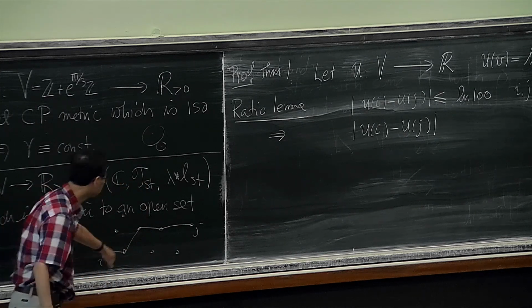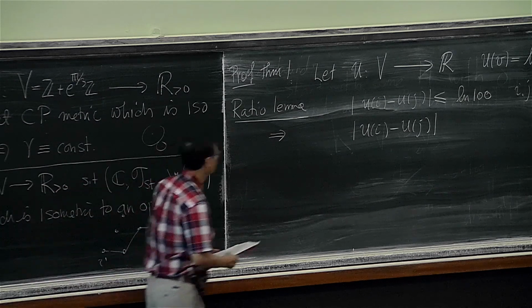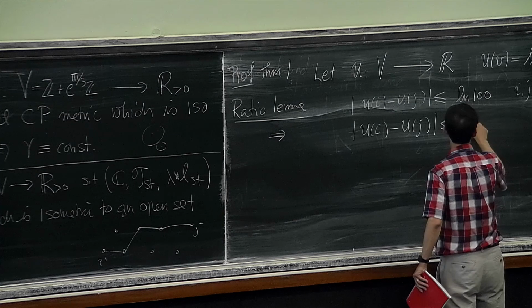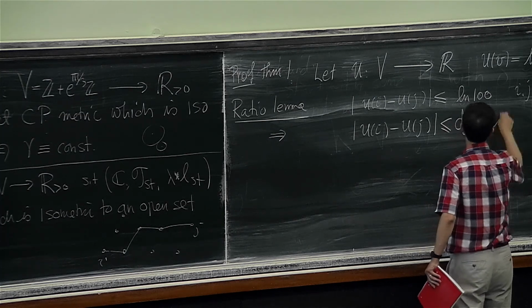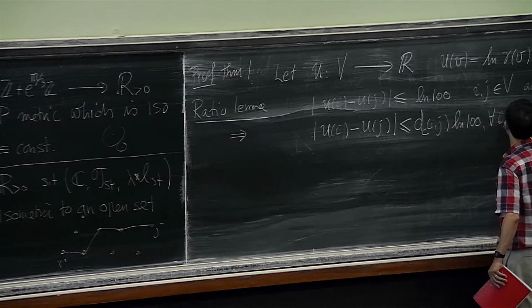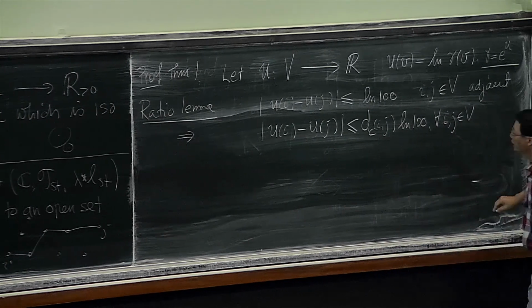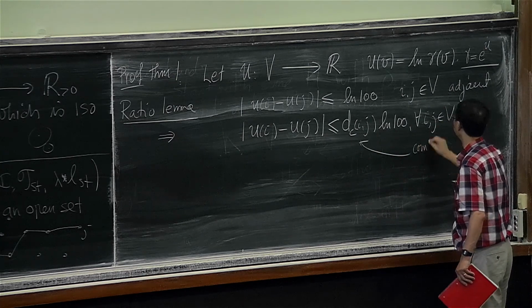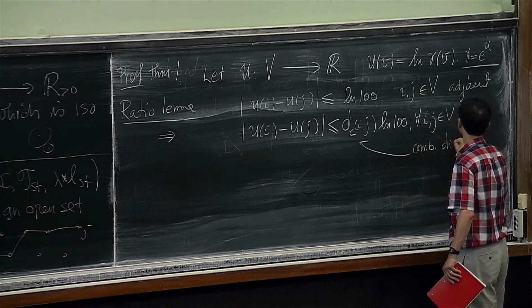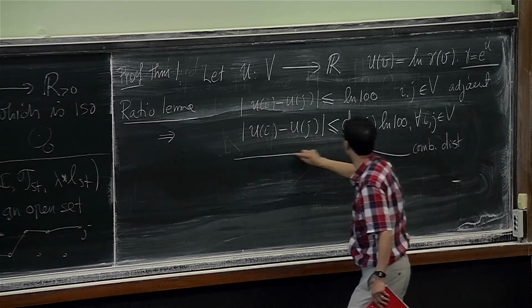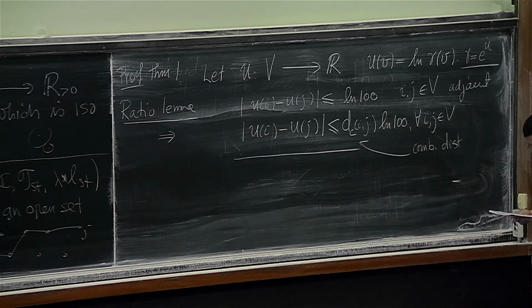So in this case, the distance is 4, and you will have the difference less than or equal to the combinatorial distance between i and j times log 100, for any i and j in V. Okay, so that's the first consequence of the ratio lemma.